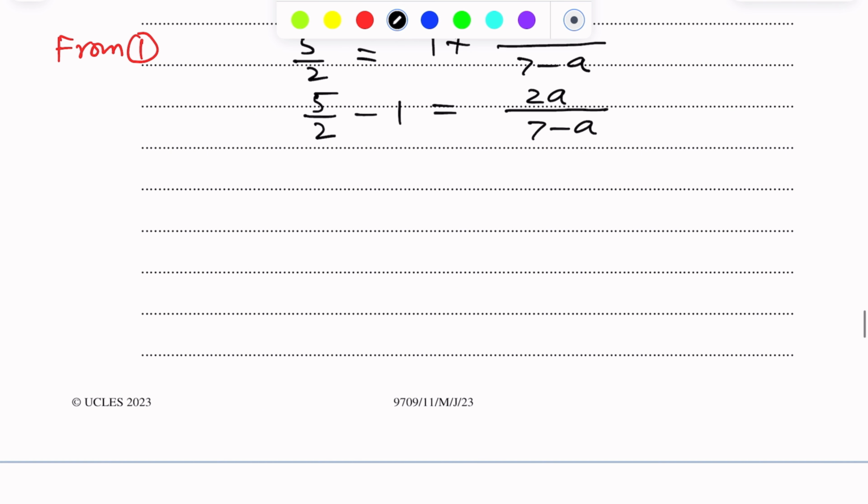After simplifying, we get 5 over 2 minus 1, that is 3 over 2 by taking LCM. So we can write 3 over 2 is equal to 2a over 7 minus a.